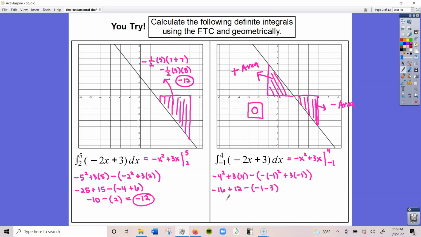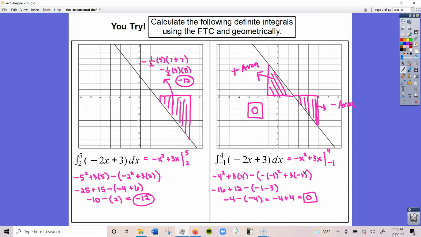Negative 16 plus 12 is negative 4 minus negative 4. And a negative becomes positive, so this is negative 4 plus 4, which is equal to 0. And you see how it matches.